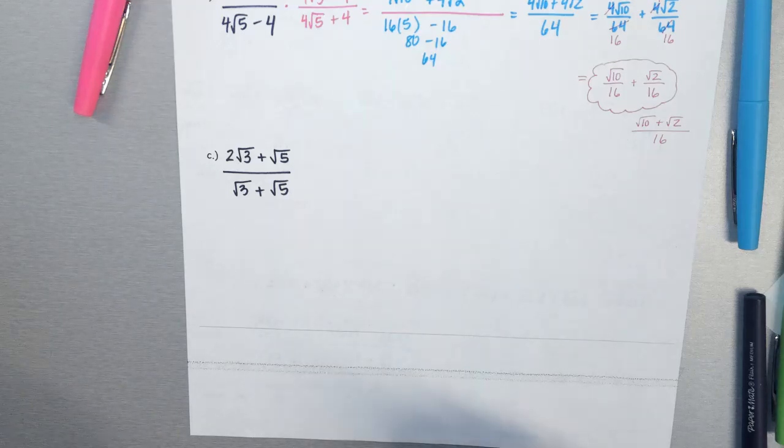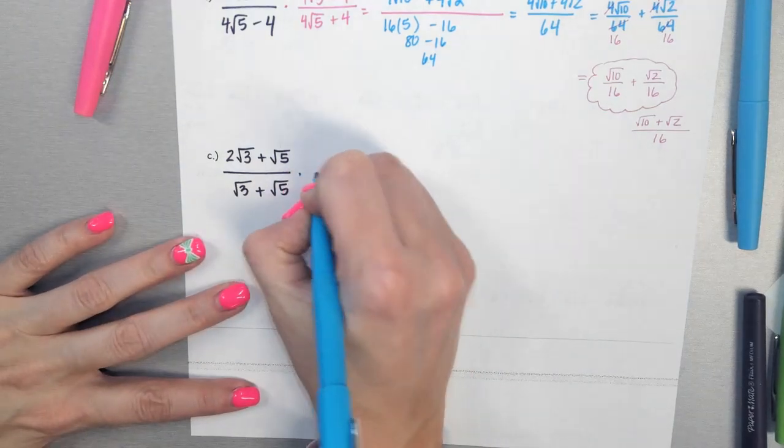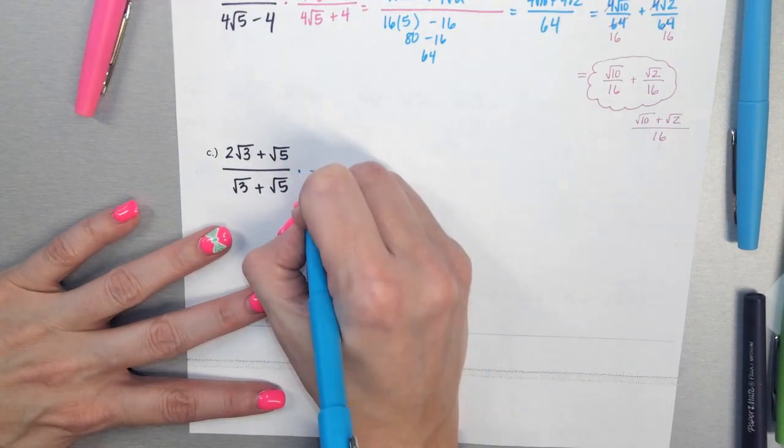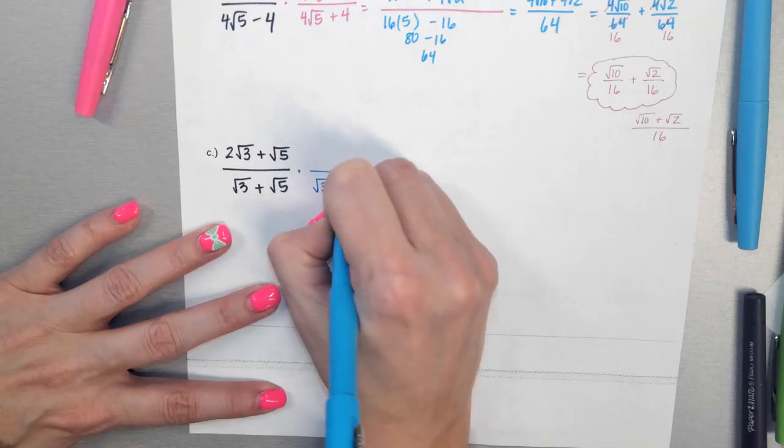All right, and then Caroline, what did you decide to multiply by for this one? That it's just going to be root 3 minus root 5.